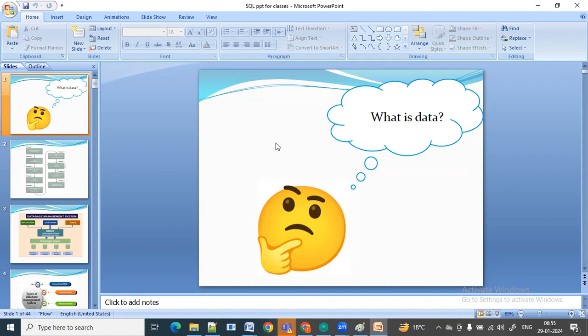See, I'm new to this. I don't know data. The moment I read about a collection of raw facts and figures, I will get panic. I don't know what data is, but Google was giving the collection of raw facts and figures. What are those facts? What are those figures? What is the collection? What was Google talking about? I will get panic, and the next moment I will stop reading about it.